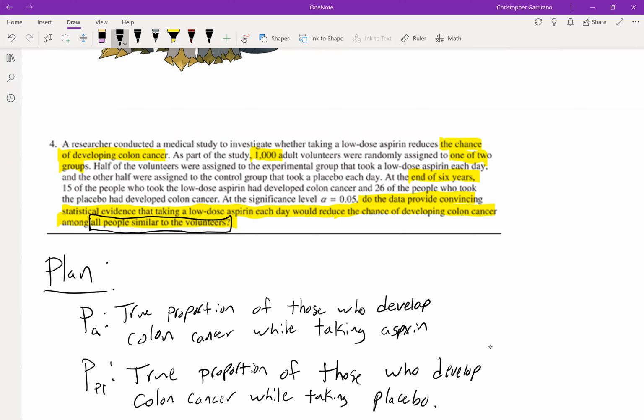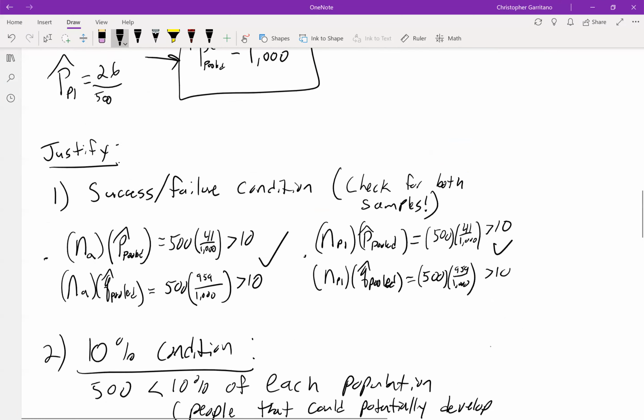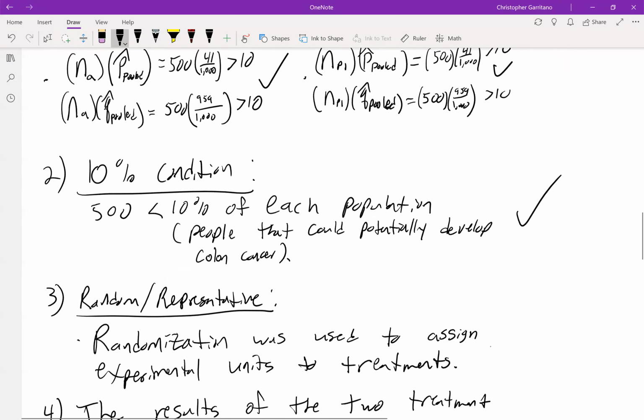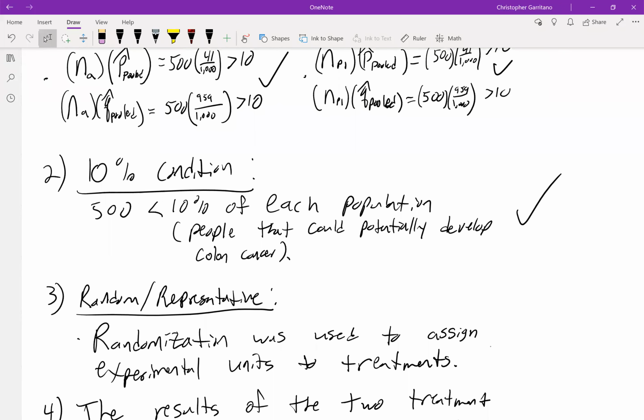I'm pretty sure that there are many people that are similar to the volunteers. So the 10% condition is definitely met for both of these samples. Random/representative: randomization was used to assign experimental units to the treatments, and therefore this condition is met for both samples.